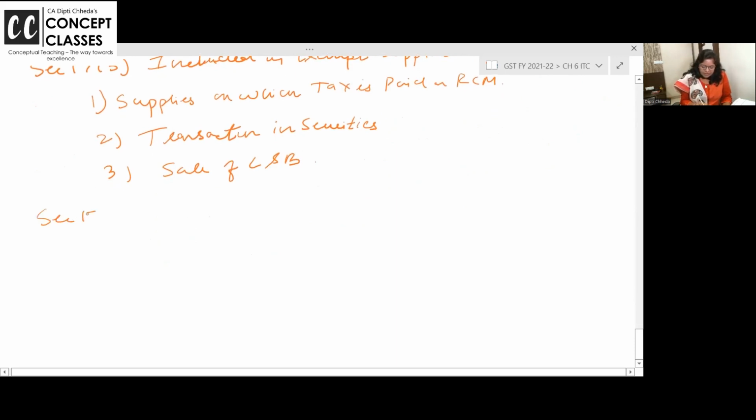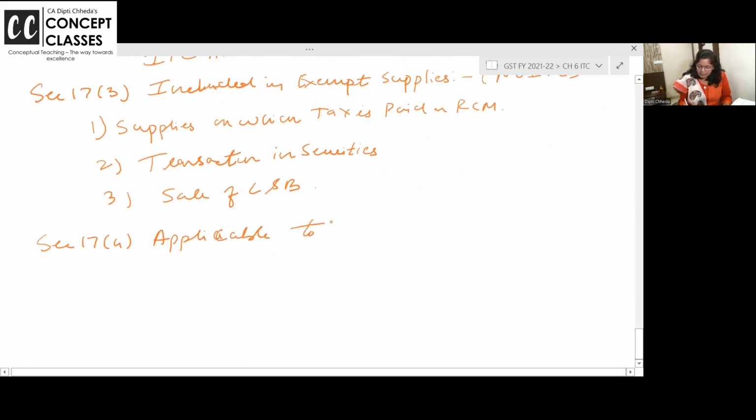Now section 17(4) applicable. या लिखो, कुछ डाउट है तो पूछो. Applicable to banks, all scheduled nationalized banks, सबको applicable.